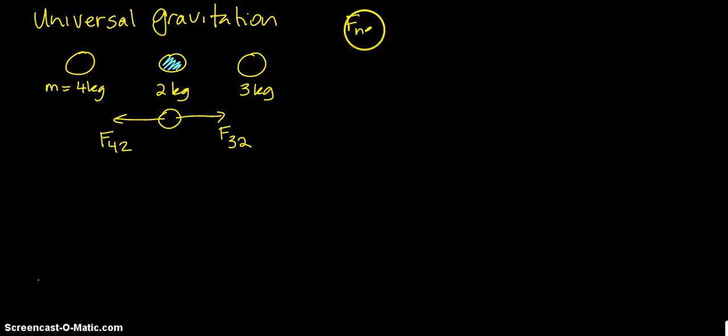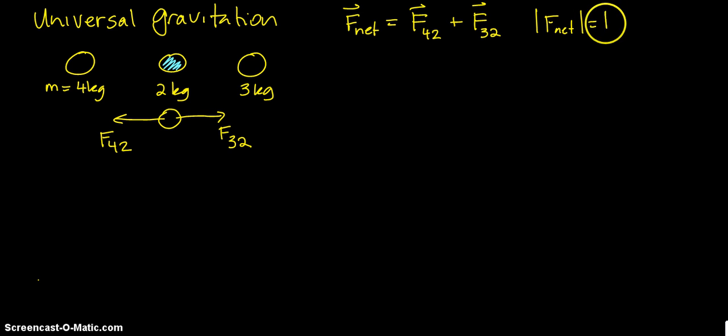So the net force on the 2 kilogram mass is going to be the vector sum of the force by the 4 kilogram mass on the 2 plus the force of the 3 kilogram mass on the 2 kilogram mass. Since these two are in opposite directions, we're going to have to subtract the magnitudes. So basically the magnitude of the net force is the magnitude of the force by the 4 on the 2 minus the force by the 3 on the 2.